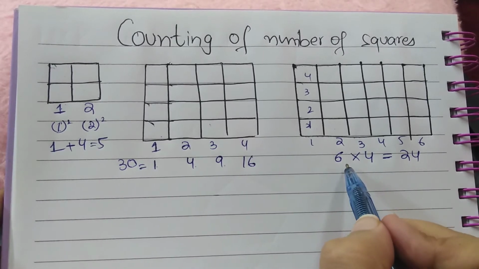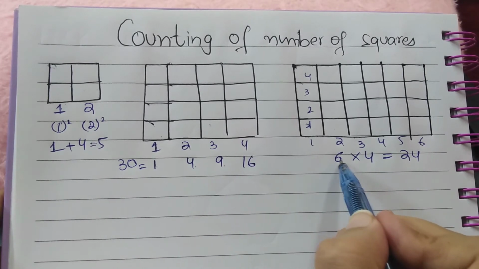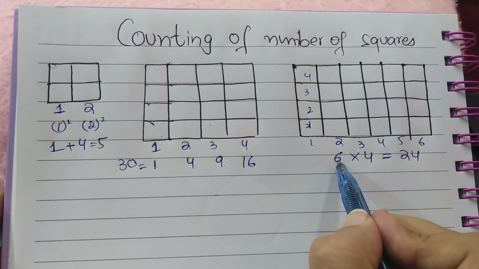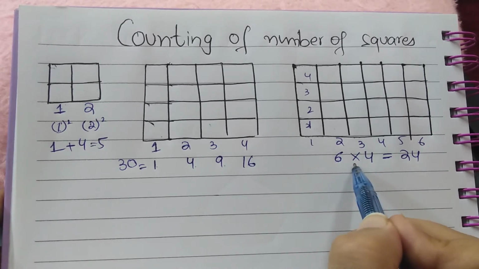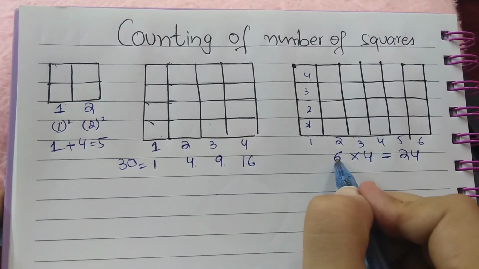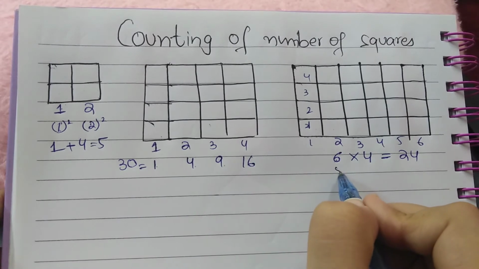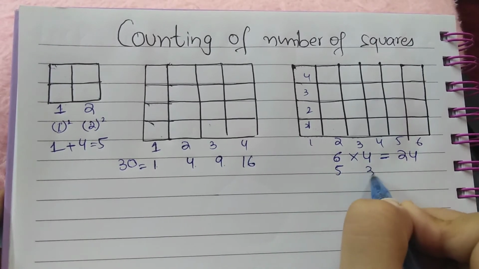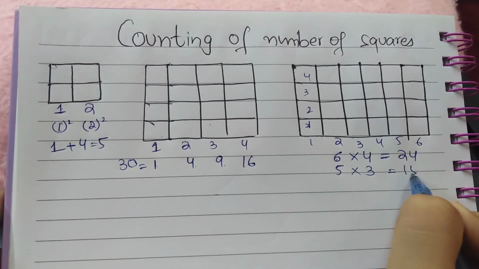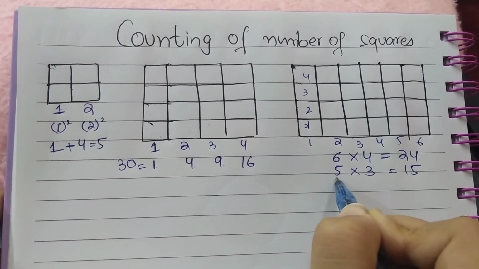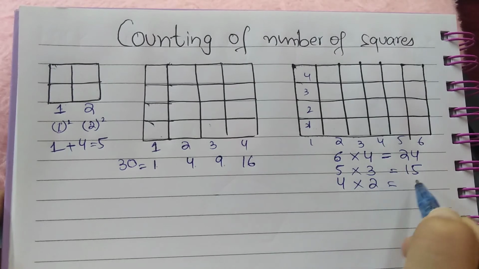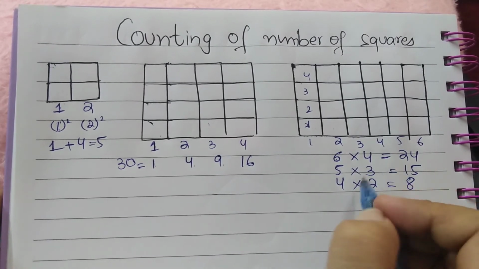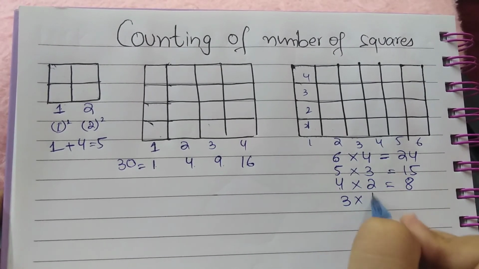So the next step is to start decreasing the number of squares in the rows and columns till you get 0. 6 decreased by 1 becomes 5. 4 becomes 3. 5 into 3 is 15. 5 becomes 4 and 3 becomes 2. 4 into 2 is 8. 4 becomes 3 and 2 becomes 1. 3 into 1 is 3.